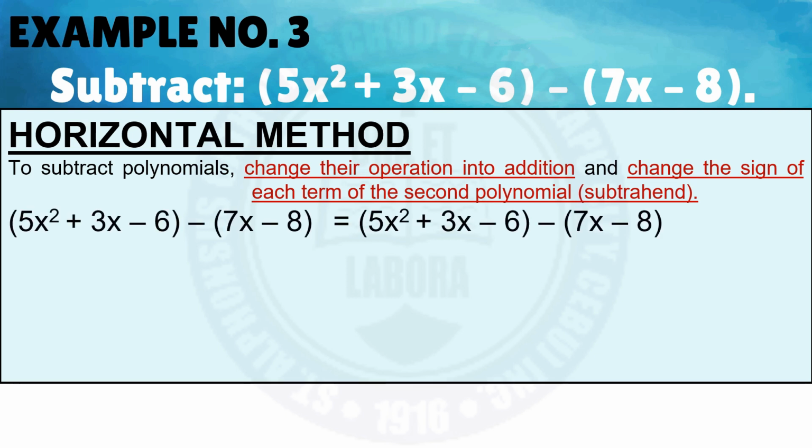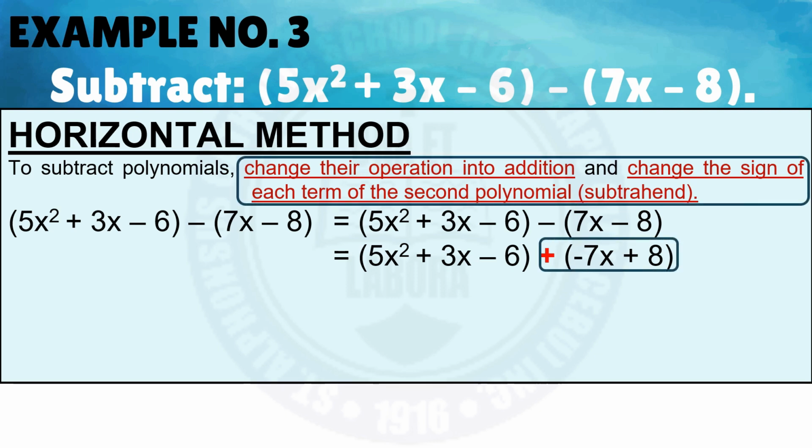So first and foremost, we are going to write first the given, and after which that would be the time for us to change the operation of the polynomials from subtraction to addition. So it will become 5x squared plus 3x minus 6 plus negative 7x plus 8.